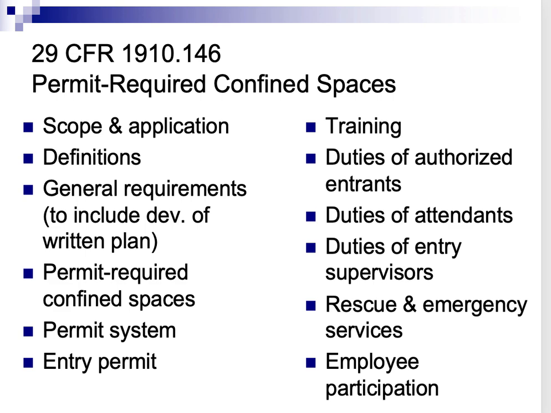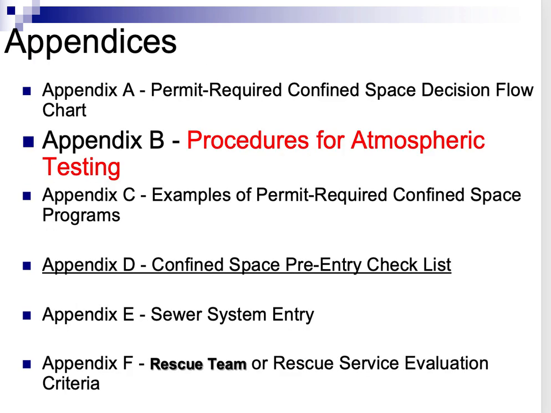So you have these general requirements again about creating a plan, what a permit required confined space is, as well as what the permit looks like, training, and then duties of the entrant, the person who goes in, the attendant who attends the person, as well as the supervisor and what it's like for a rescue service. And so right in the appendix we have the procedure for atmospheric testing, which we're going to cover here.